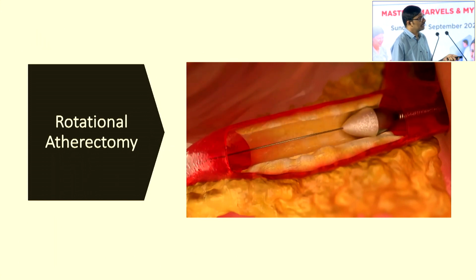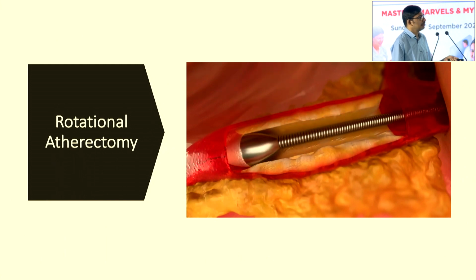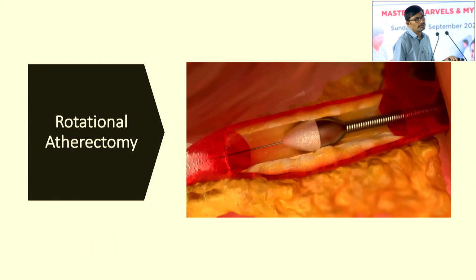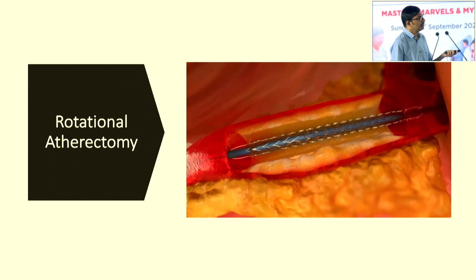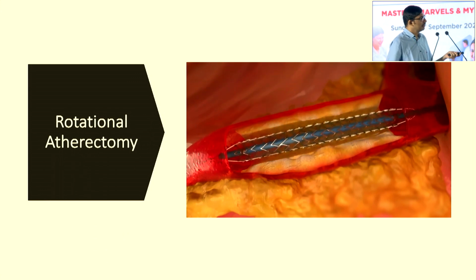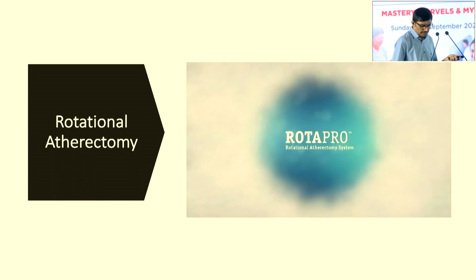So just see that it literally removes the calcium to the size of the burr. It is available up to 2.5. We commonly use 1.25 millimeter to 1.5 to create a passage for your balloons to pass in. Then we put the balloons, then balloons expand well and the stent expands well. So this technology is called rotational atherectomy.